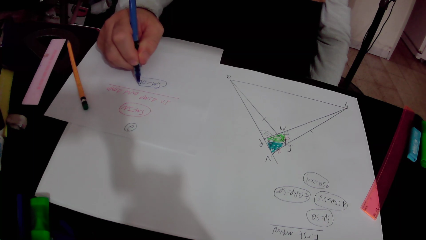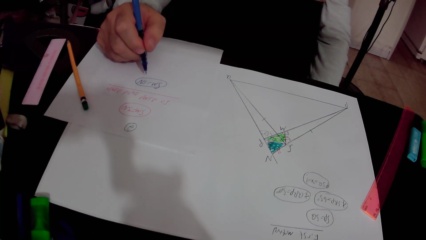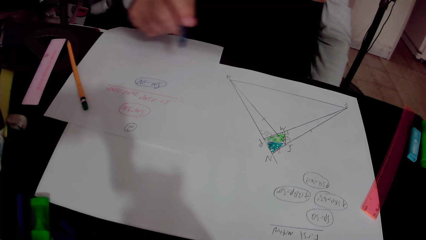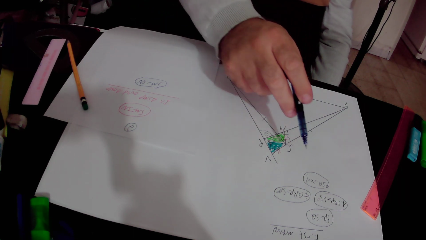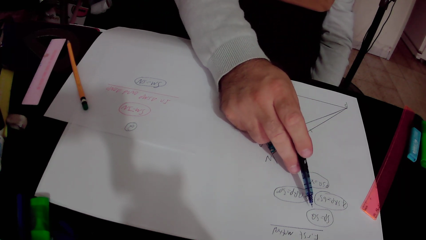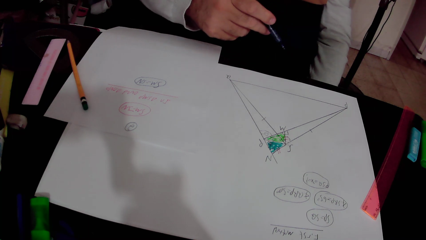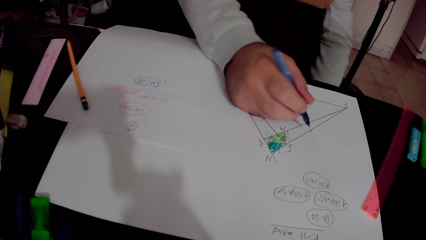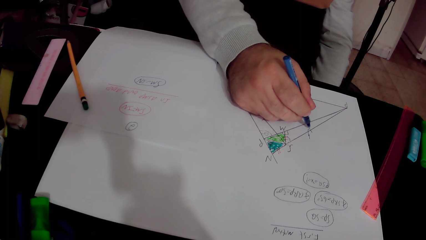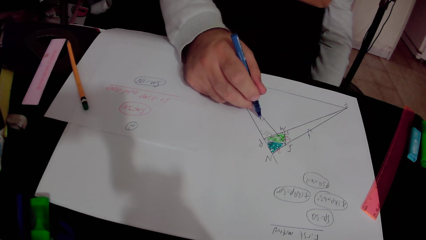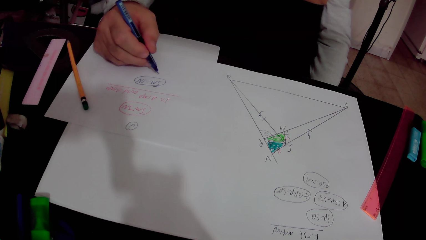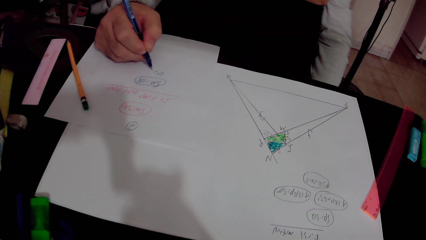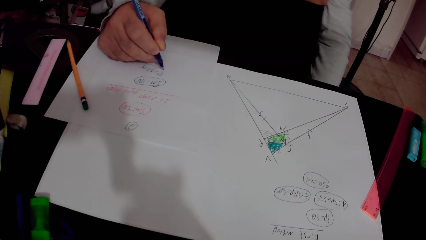And it is given in the question that SP equals SQ. If we define SP as y, then SQ will also equal y. So SP equals SQ equals y. Both those two sides are equal to y, again given in the question.